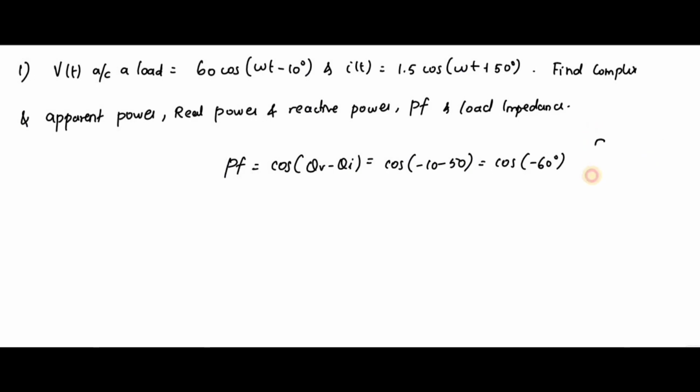If it is minus, it means it is leading, and leading means the load is a capacitive load. So cos of minus 60 is nothing but 0.5.